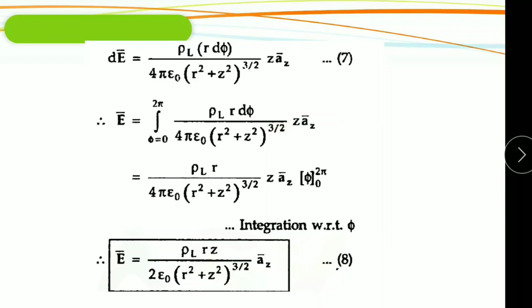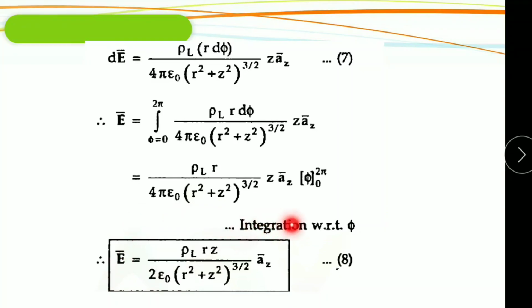We just write the constant values, that means rho L r by 4 pi epsilon naught (r square plus z square) whole power 3 by 2, times z aZ bar. Now by applying the limits of phi, 0 to 2 pi, that means 2 pi minus 0. Here there is a denominator 4 pi, and by cancelling 2 pi by 4 pi we get 2.